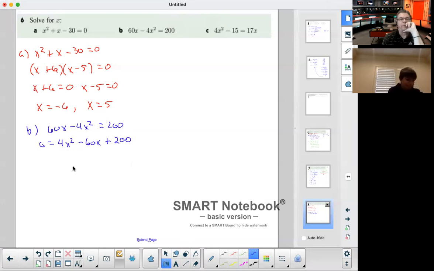And then I would factor out a 4. It just makes it easier for the factoring part.